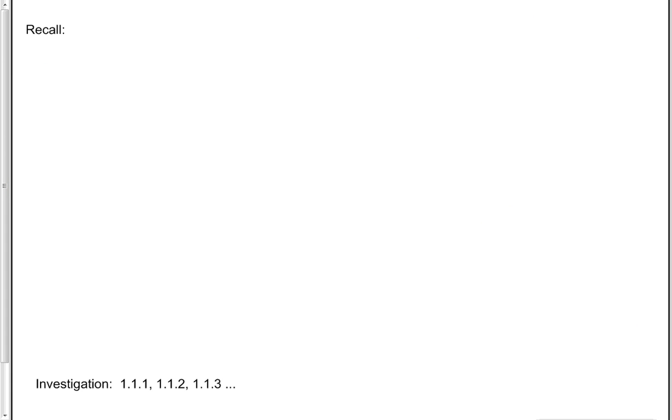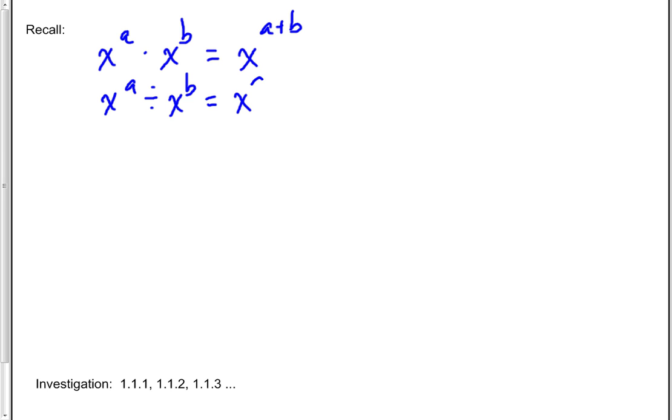And as a recall, I would like to just remind you of the rules of powers, because you're going to be doing an investigation with powers. If you have a multiplication and have the same base, the rule would be add the exponents. If you have a division with the same base only, our rule would be keep the base, subtract the exponents.